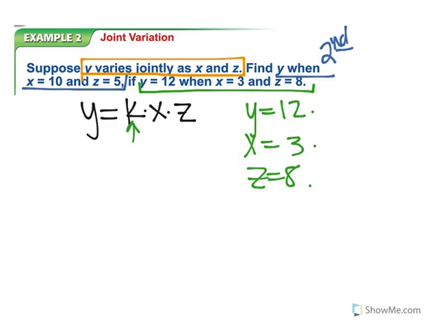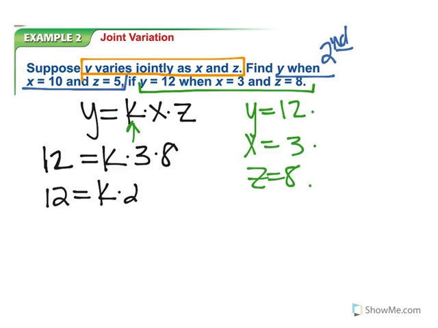Let's plug in what we know. We know y is 12. We don't know k. We know x is 3. And we know z is 8. From here, we need to find out what k is. 3 times 8 is 24. So we get 12 is equal to k times 24. Then to solve for k, we divide both sides by 24. And we reduce, k is equal to 1/2.